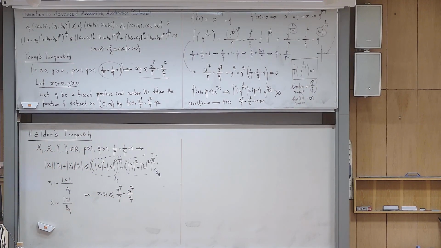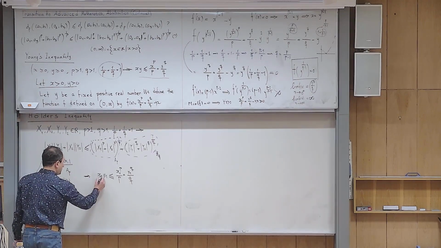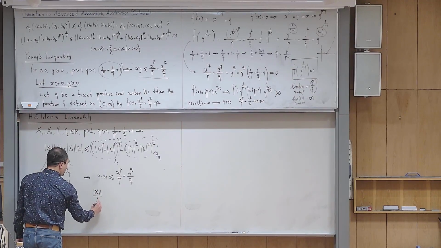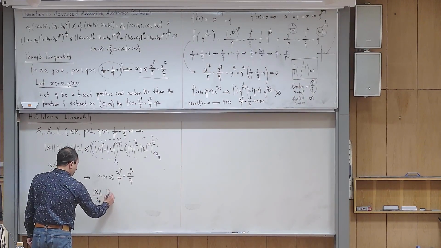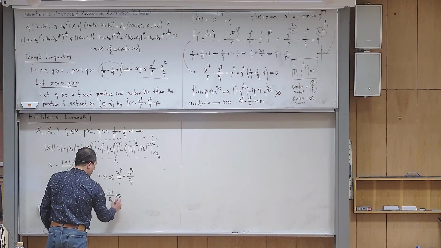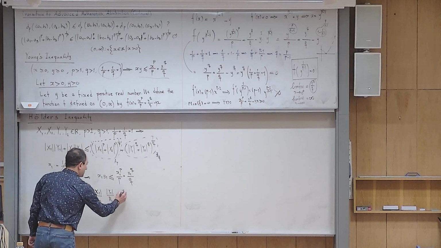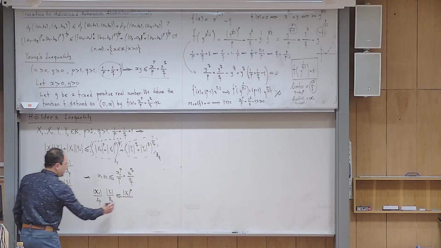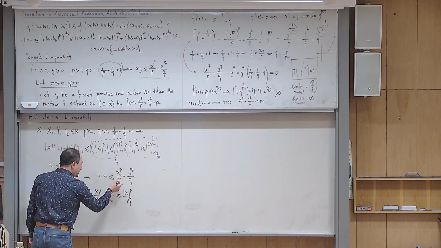Yes, this we have. But what is x1? x1 is by my definition this expression, so I replace it here. So this becomes capital X1 over a sub p multiplied by capital Y1 divided by b sub q is less than or equal to x1 to the power p. So if I raise it to power p, what will happen? This becomes the numerator to power p and the denominator to power p, but x1 to power p is divided by p.